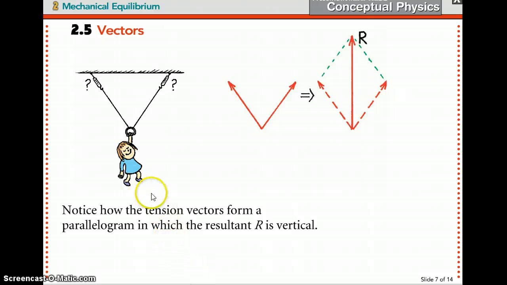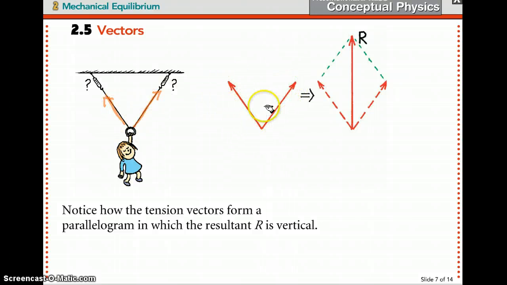Okay, so you notice how the tension vectors form a parallelogram over here. So I'll draw this out again. We have the two tension vectors for this situation. So tension acting up like that, and another one acting up like that, and they should be equal to each other. Looks like the angles are equal, but here's the two tension vectors.